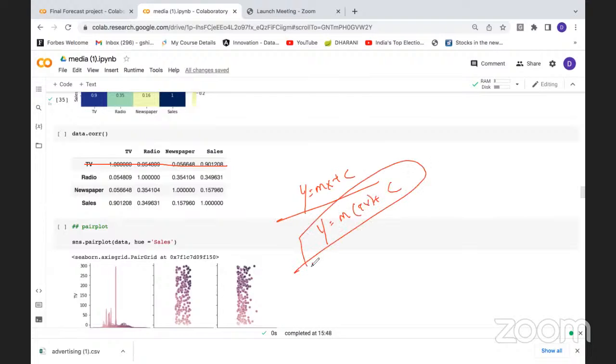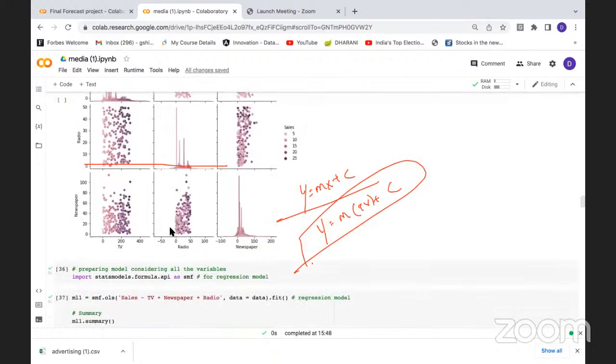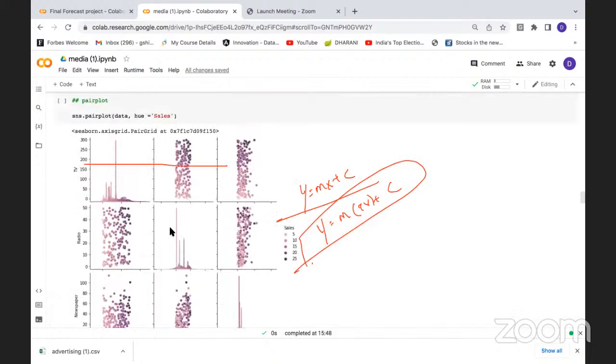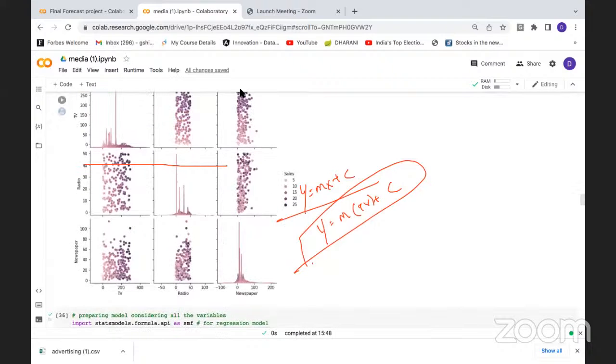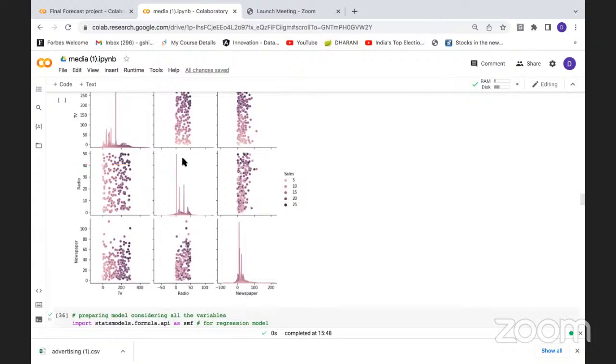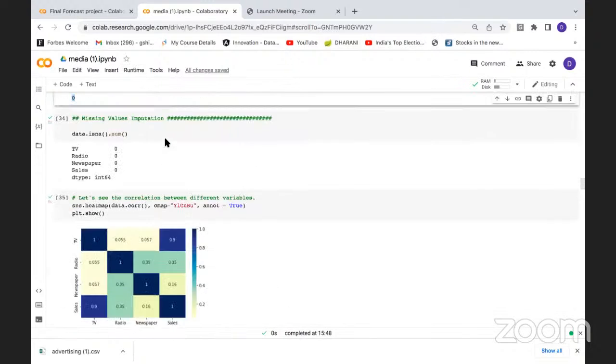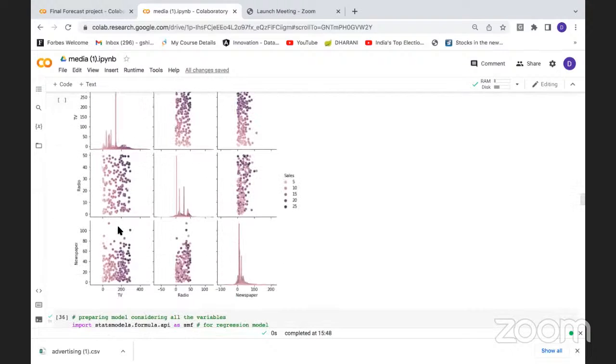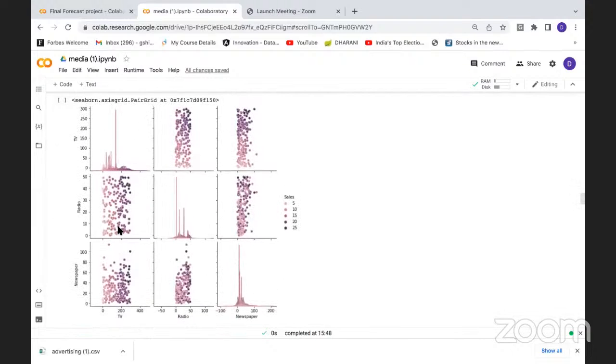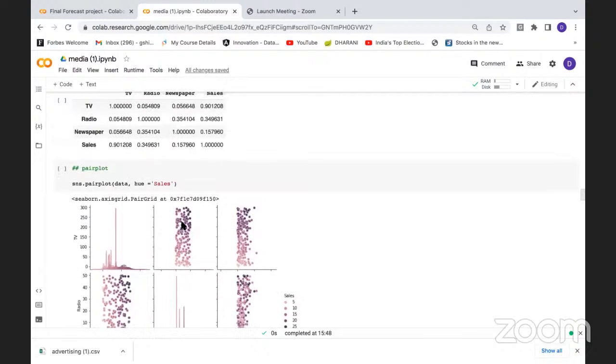This is my equation. There's one more plot here, which is called a pair plot. There is a relationship here with a pair plot. This is a kind of plot where it is trying to find out the relationship. Like the heat map, it is giving it in the form of a scatter plot. So 0.55, right?